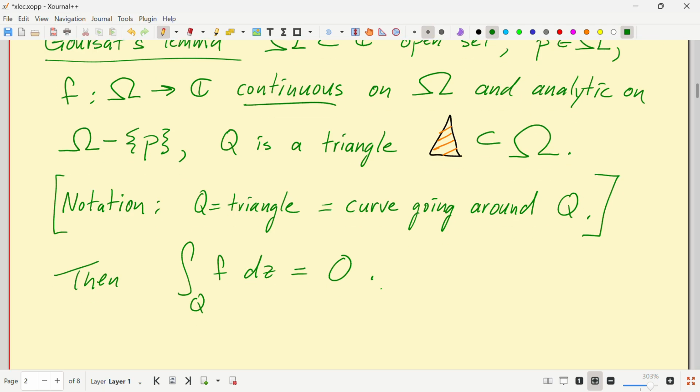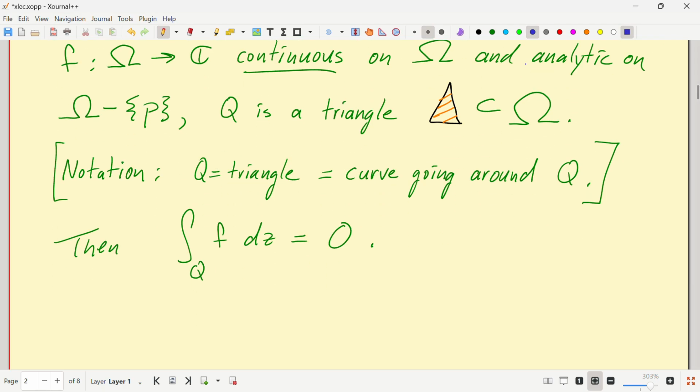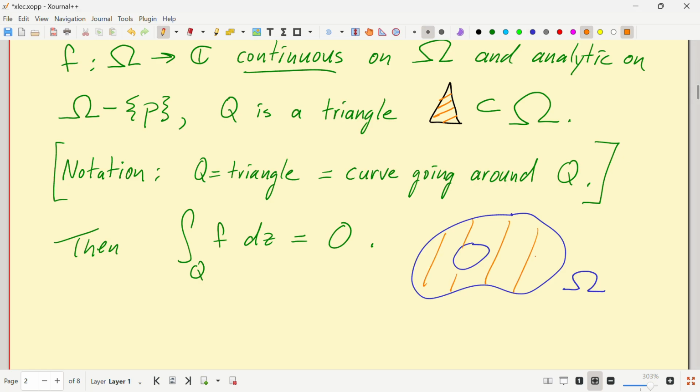Okay, so I guess I should draw a quick picture here. Here's omega, so there's the inside of omega. And the triangle, here's the triangle, Q. And p can be either inside that triangle or even on the boundary of that triangle or any old place.